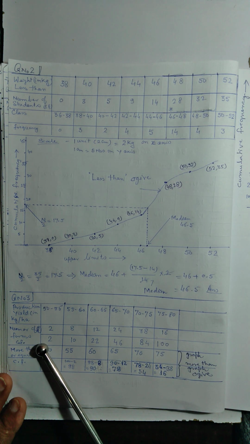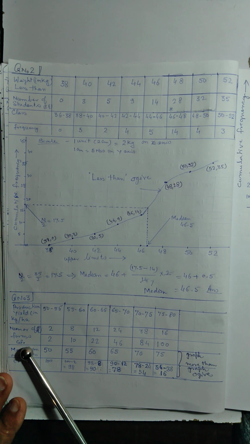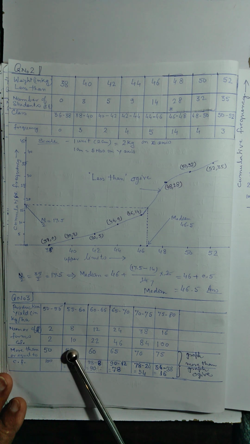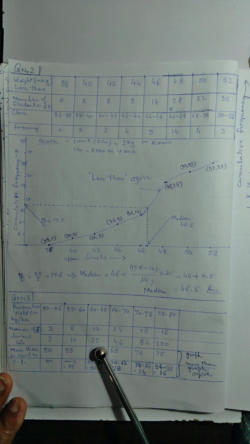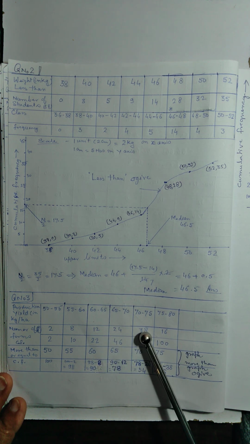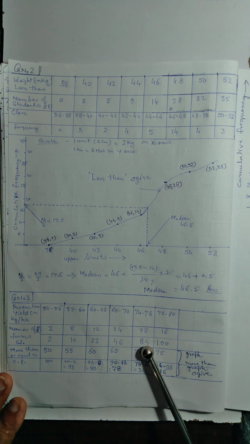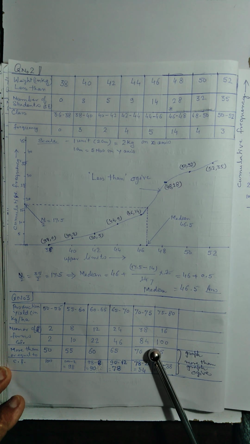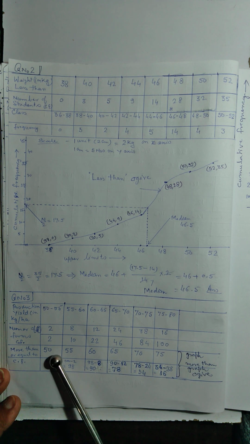Now just below it I have written the cumulative frequency. 2 as it is. 2 plus 8 is 10, 10 plus 12 is 22, 22 plus 24 is 46, 46 plus 38 is 84, 84 plus 16 is 100. Now we have to draw the more than type graph.